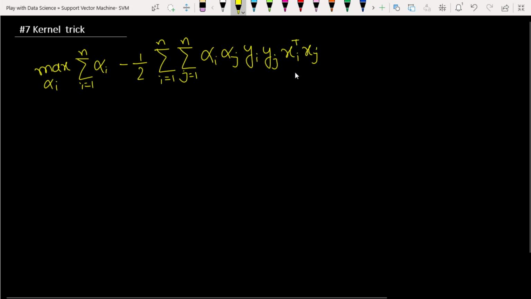We also have some constraints, such that alpha_i is greater than or equal to 0.